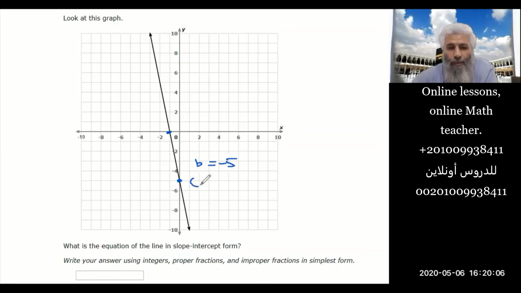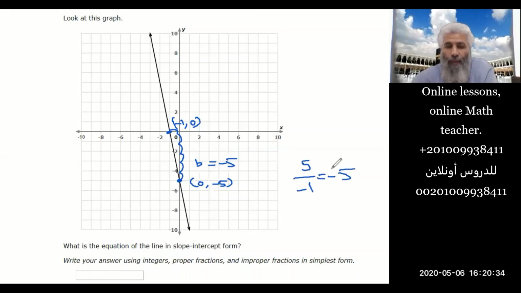This point is (0, -5), and this point is (-1, 0). We can calculate the slope, rise 1, 2, 3, 4, 5, and run -1. So here rise 5 and run -1 because it is to the left side.